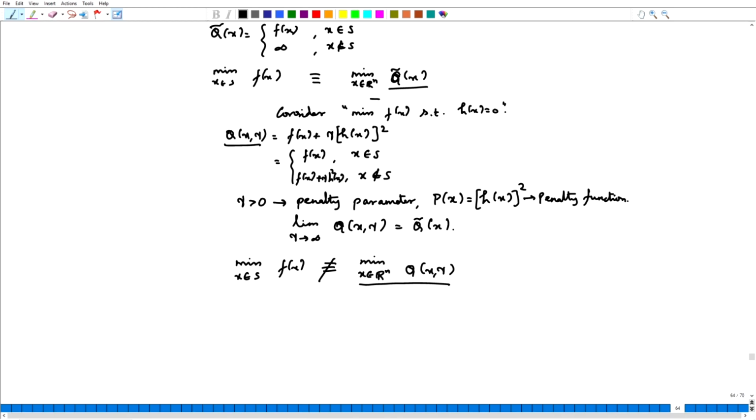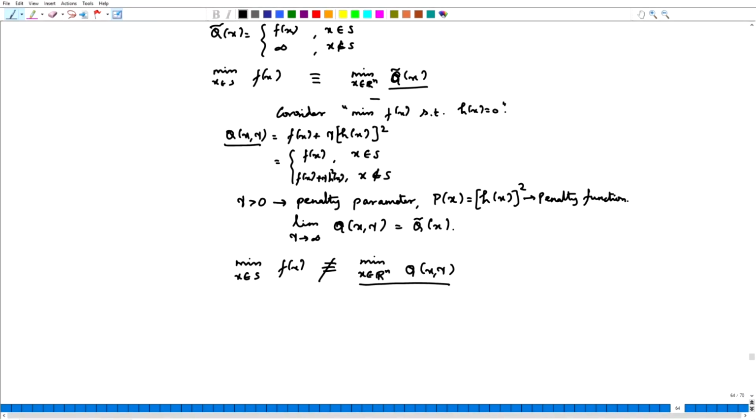This function q of x comma gamma is called the quadratic penalty function of the given constrained optimization problem. The method that minimizes this function is called the quadratic penalty method. That is the first method that we are going to learn in detail.